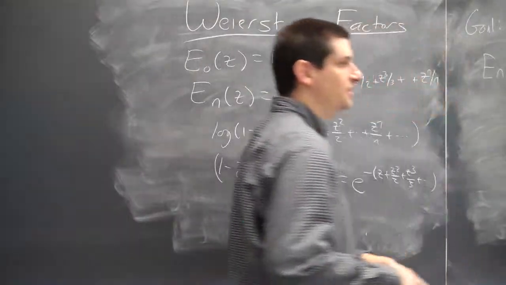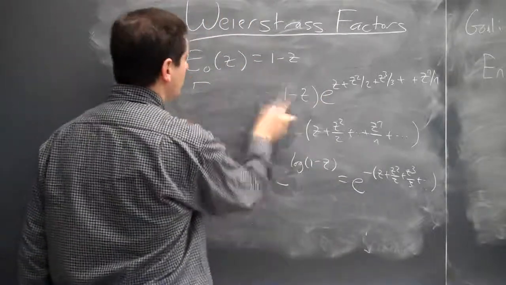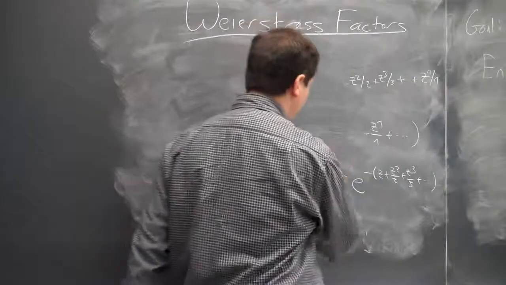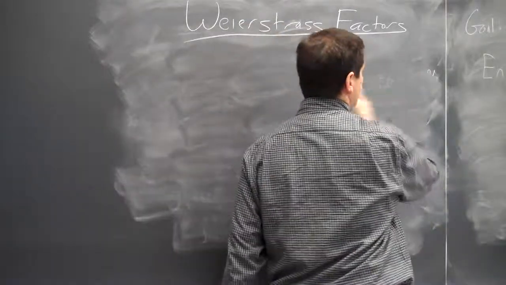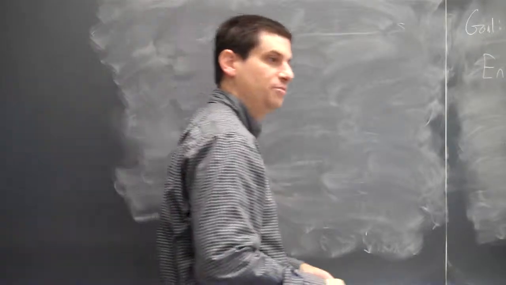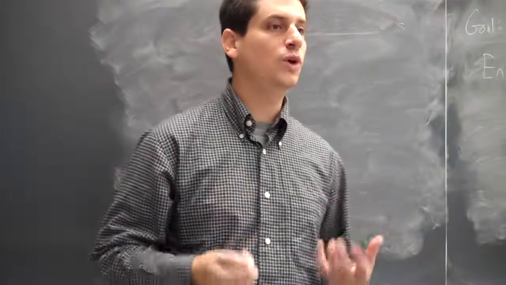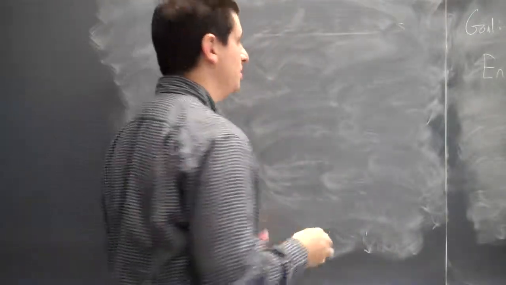So now this gives us a way to try to build our function. Now that we're going to use these E_n's, we're going to build a function that has the prescribed zeros. It's not going to be the most efficient way to build the infinite product, but it will be a way that works. If you know more information about the function, you can do something better.